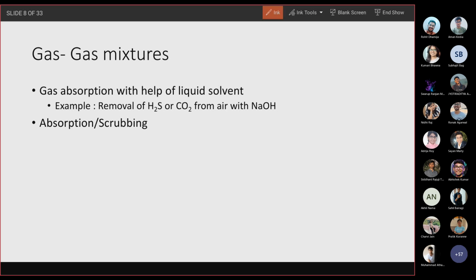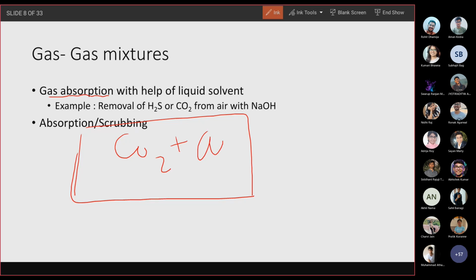So that is one, gas absorption. Now, at certain conditions, we have two gases, again like CO2 and air, but where CO2 is a very, very small quantity.